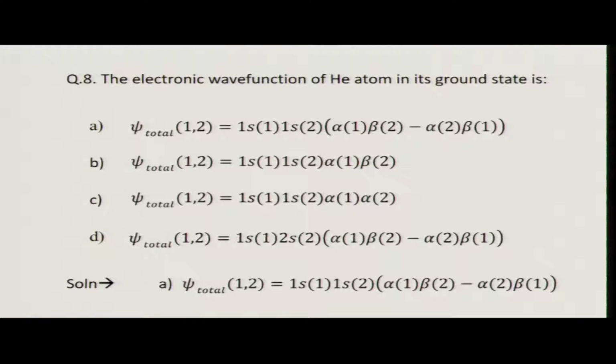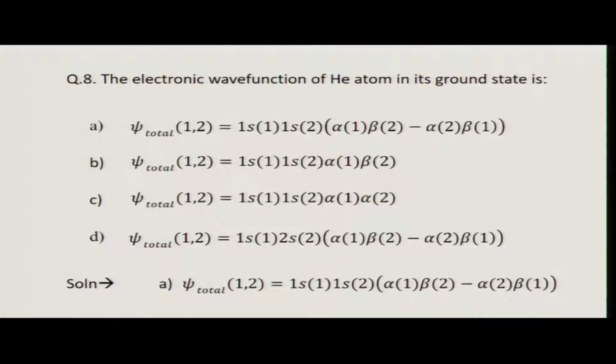We come to the next question, which is the electronic wave function of the helium atom in its ground state. This is under some approximation, as I have been discussing when we looked at the Hamiltonian, because we can only solve this if we assume that the R12 term is not going to create a problem.